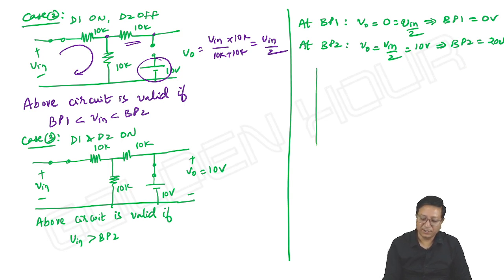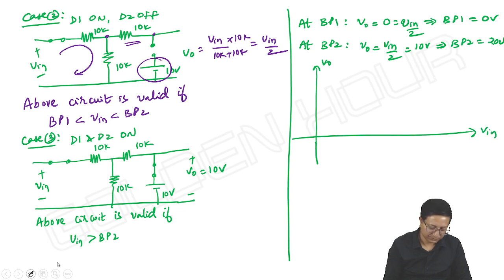Then, if you draw the transfer characteristics, initially the output is 0. This is one line. Next, output is equal to input by 2. Slope is 1 by 2.